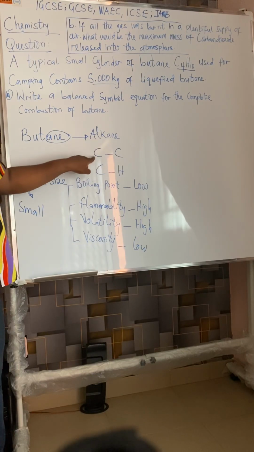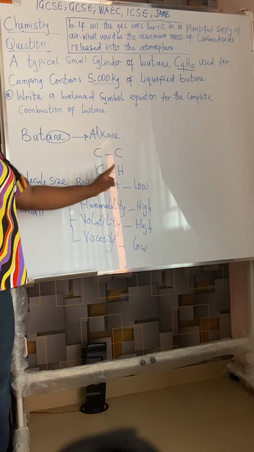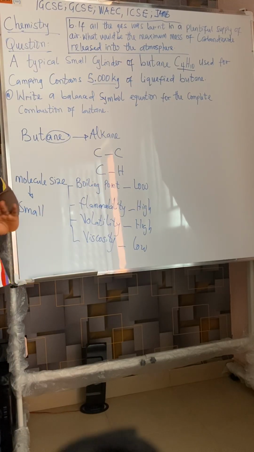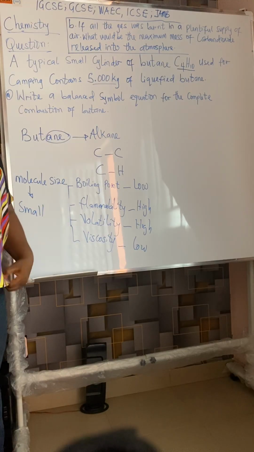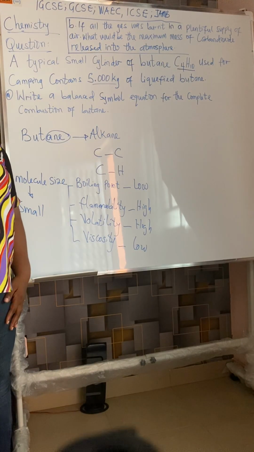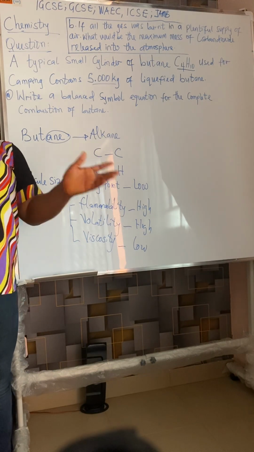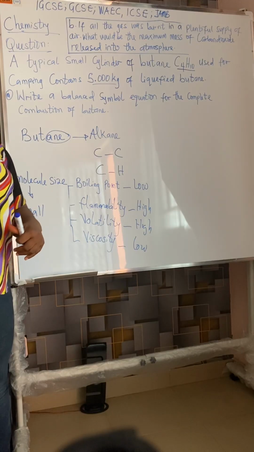Single carbon-carbon bonds, single carbon-hydrogen bonds for these alkanes, and alkane is not a functional group. I'll bring us different functional groups when I do a different part series for the chemistry of the functional groups. I'll break it in bits. Good.